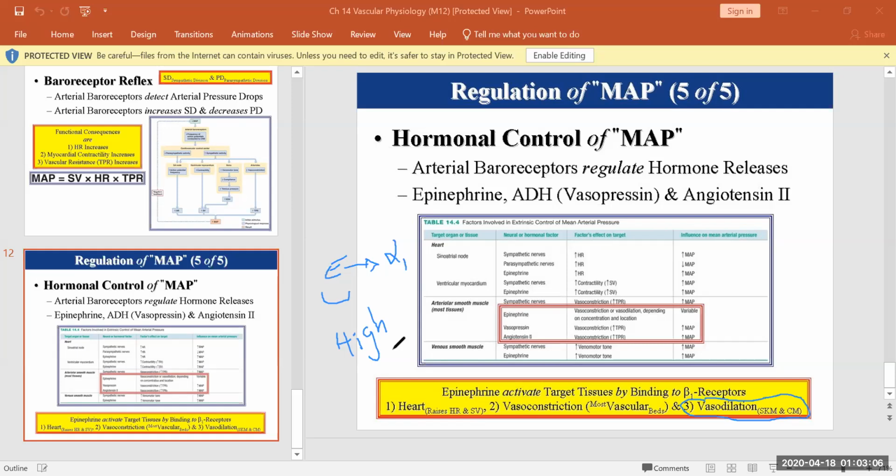So in order for epinephrine to have an effect on these alpha 1 receptors, you have to have high concentration of epinephrine. If you have low concentration, they don't respond. And this is important because the alpha 1 adrenergic receptors are also on the smooth muscle.